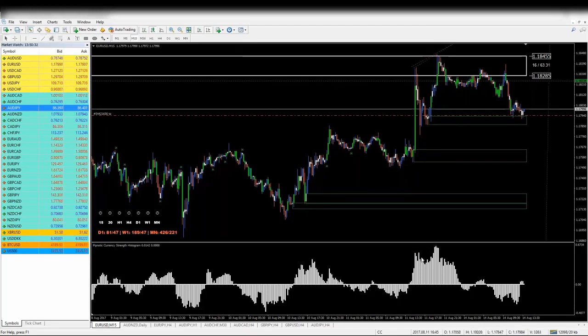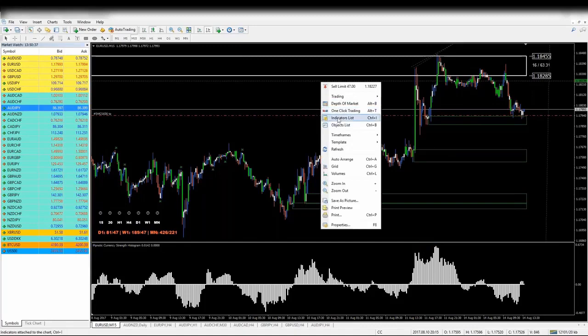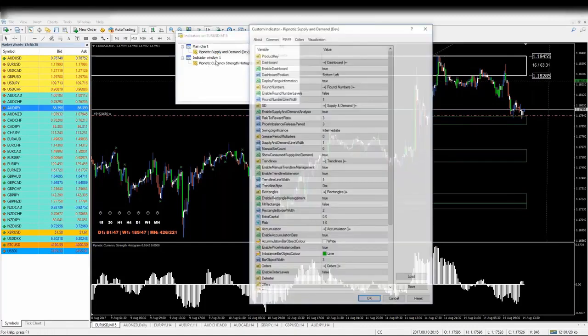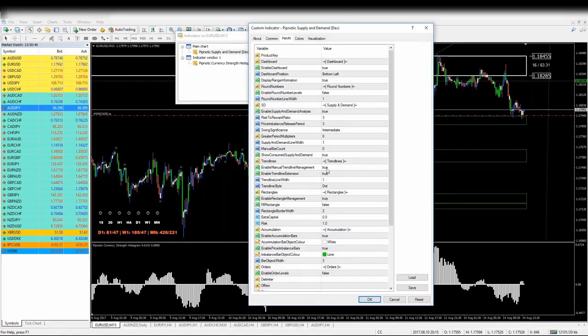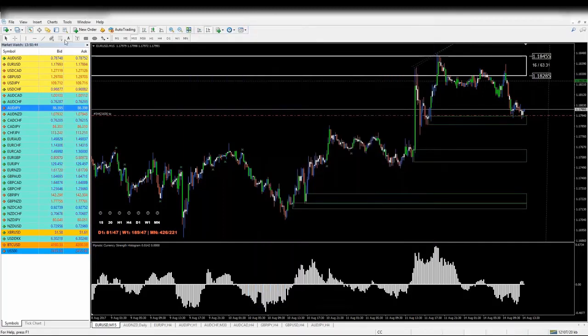You couldn't call this divergence because it's doing the same thing. Oops, sorry, I've got my line turned on. There we are. See how price is moving higher, like so. It's also moving higher here, but due to the fact that price is moving into this area of supply, you would expect price to wane. But you wouldn't take this until you started to see the strength histogram move away like so.